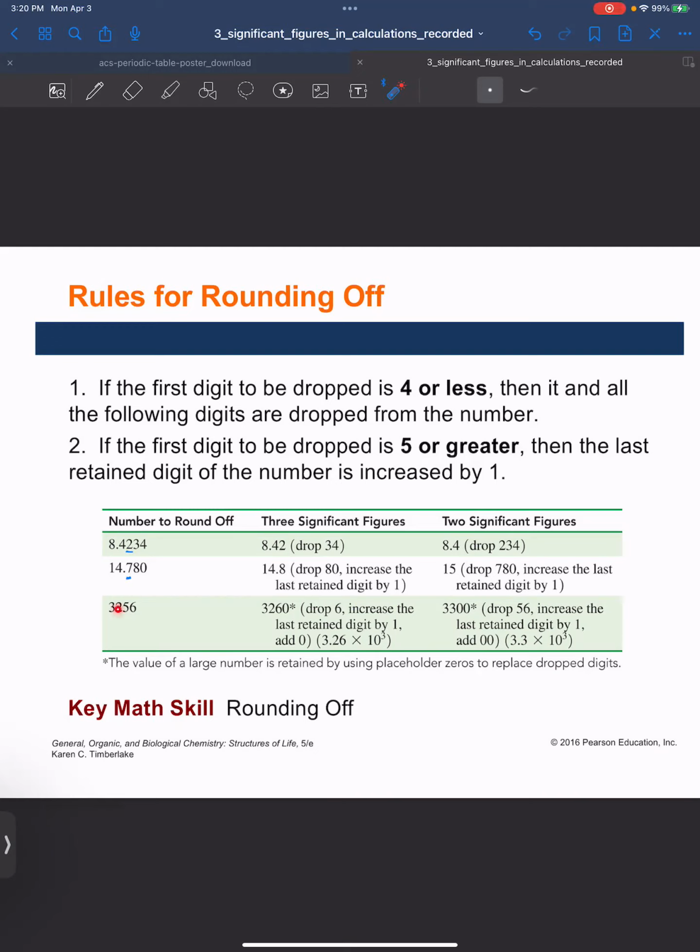Now in this case here, 3,256, if we wanted to round to 3 significant figures, then the number here increases by 1 because the 6 is 4 or greater, but you can't simply just drop the 6. If you wrote, for example, 326, that does not convey the order of magnitude of 3,256.